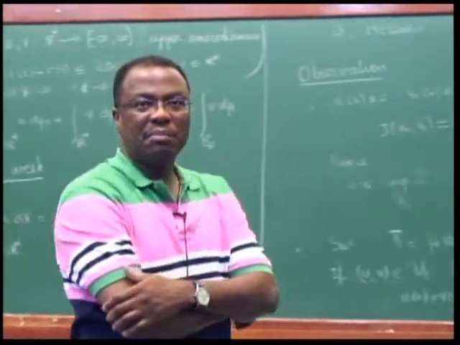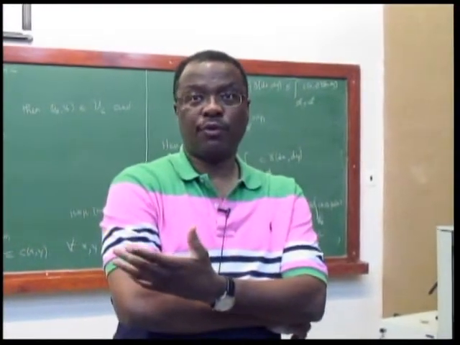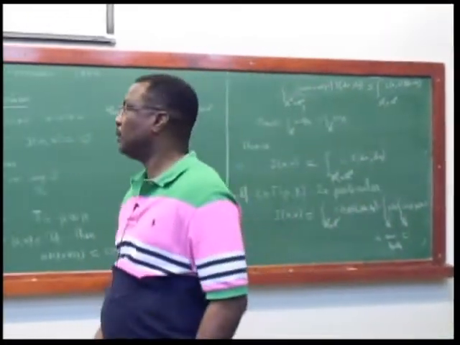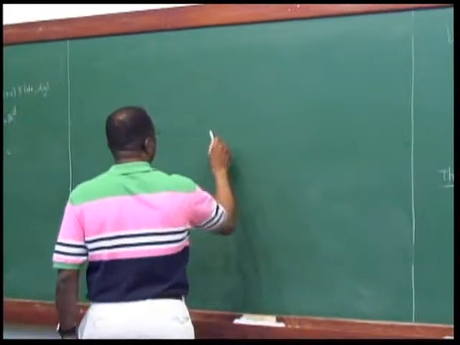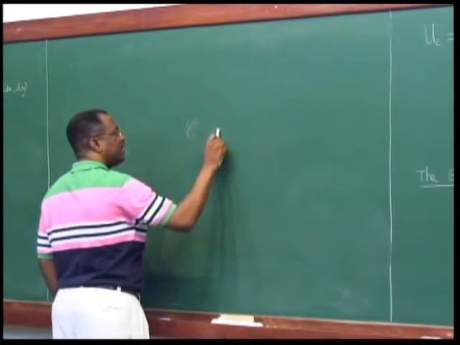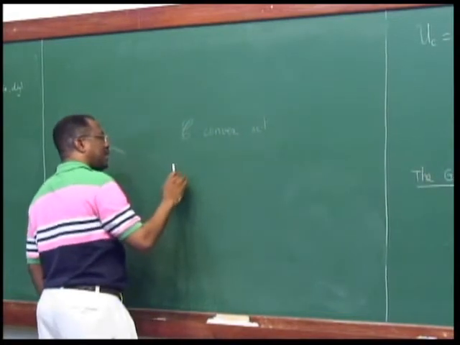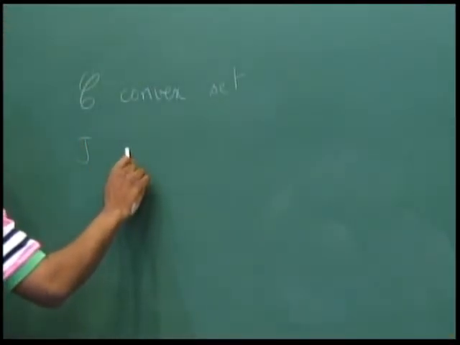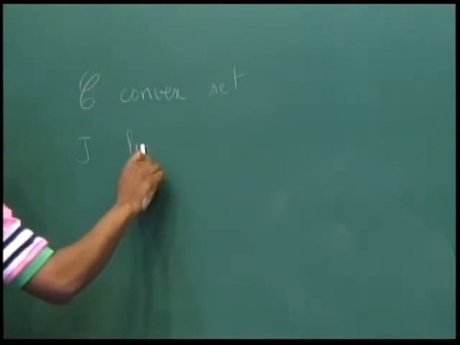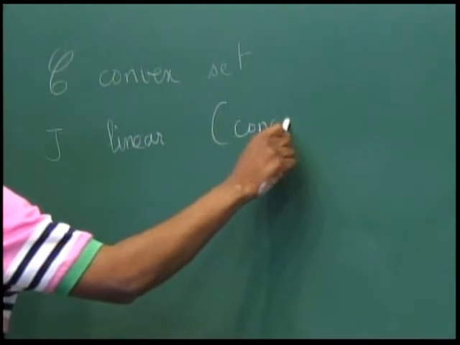So now let me make a very abstract comment from the optimization point of view. Assume that I have a convex set, C, and I have a functional J, which is linear. In fact, concave is enough.